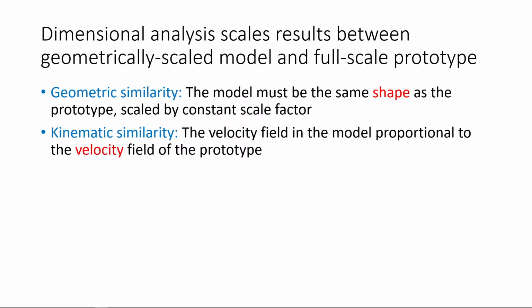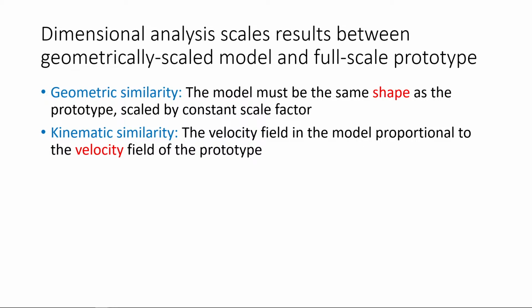And the last type of similarity is dynamic similarity, which has to do with forces. To achieve it, you need to have kinematic similarity and geometric similarity. These two are necessary conditions for dynamic similarity, which is the most restrictive similarity condition. It is achieved when all forces in the model scale by a constant factor to the corresponding forces in the prototype.